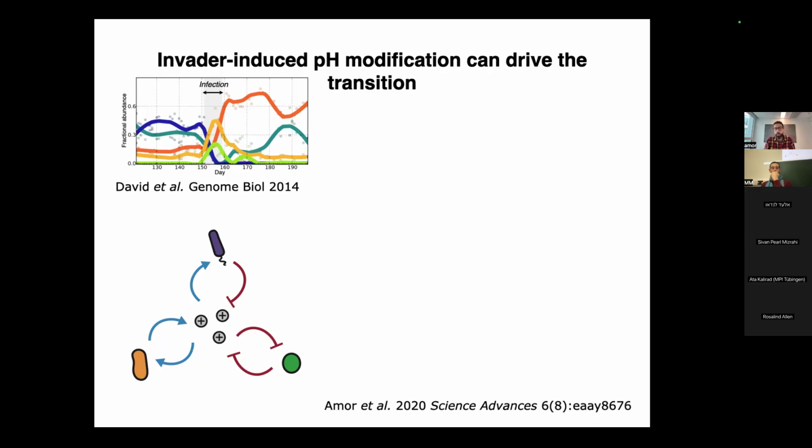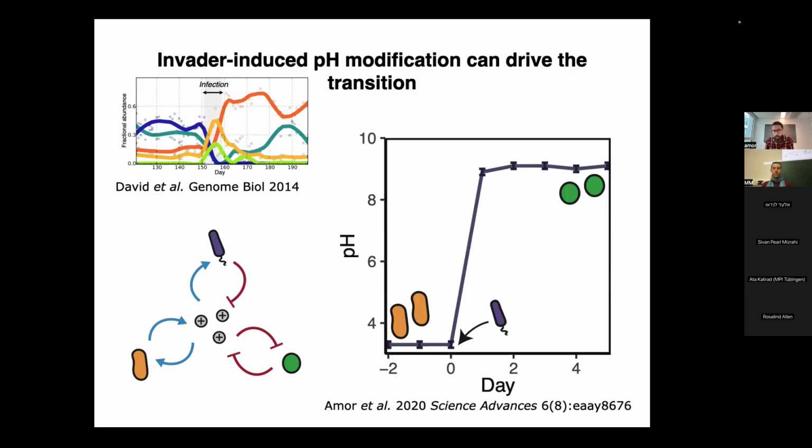So it actually grows well in acidic conditions, but when it grows, it's changing the pH towards higher levels. And actually, during the experiment of the invasion, we see this transition in the pH right after we introduce the invader. The pH goes up, and the moment it's already at high pH, then the best competitor ends up being the green microbe, and the invader loses the competition against it.